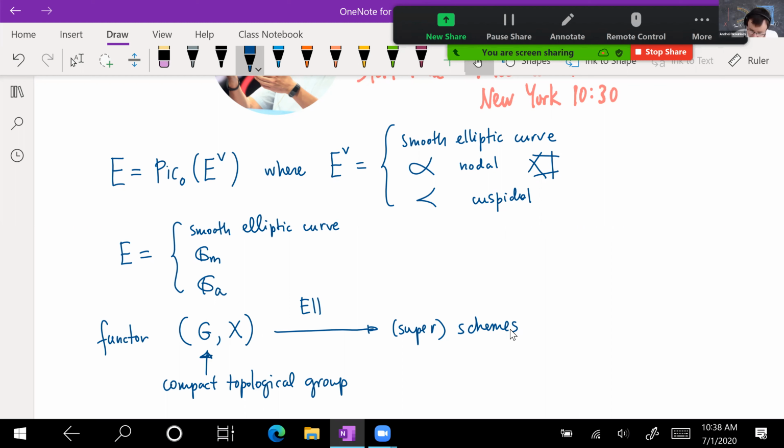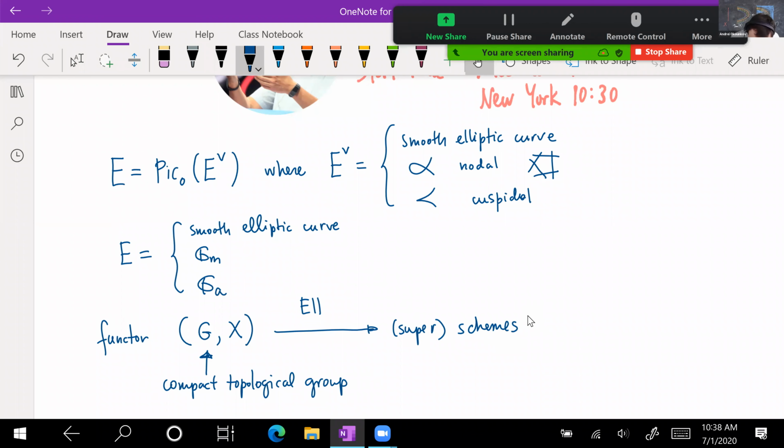Most of the time, we will be most interested in even cohomology, because we will be interested in classes of algebraic cycles that are in even cohomology. And so we won't notice the fact that there's some supercommutativity going on, but in principle it's there.